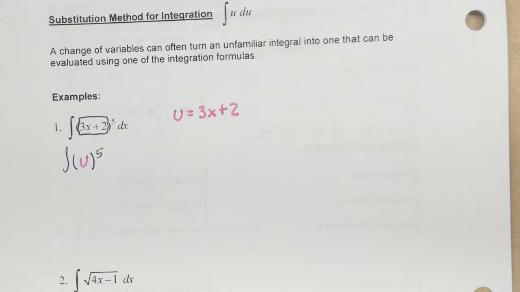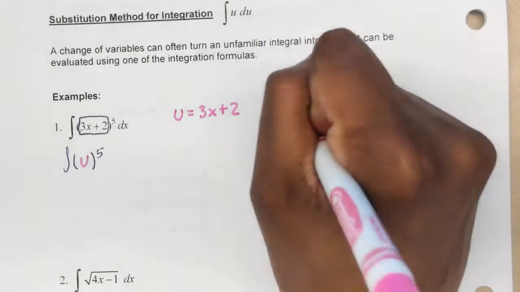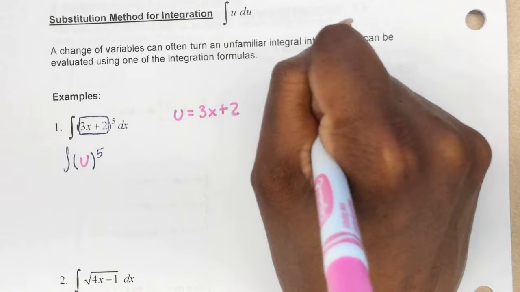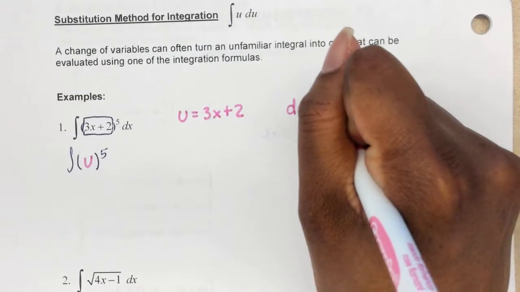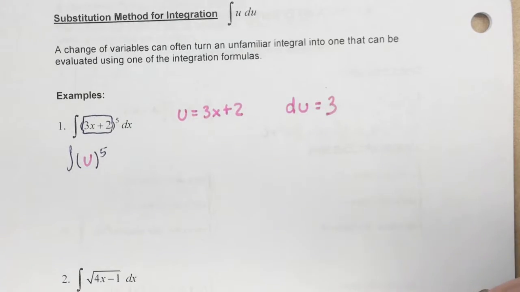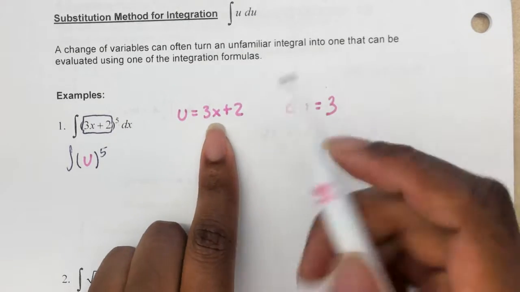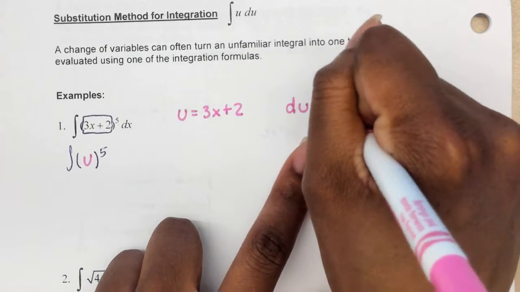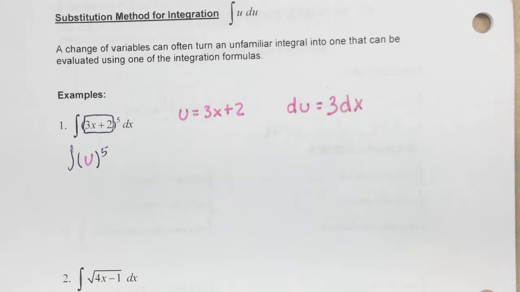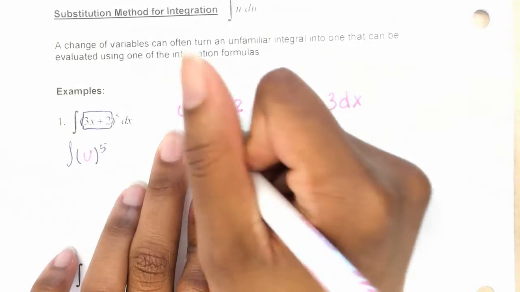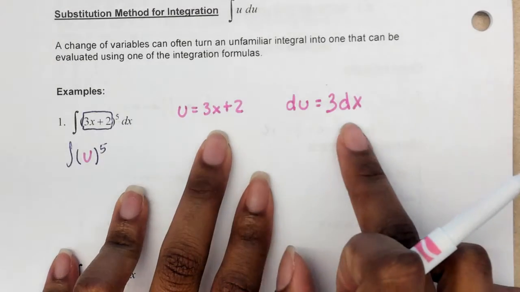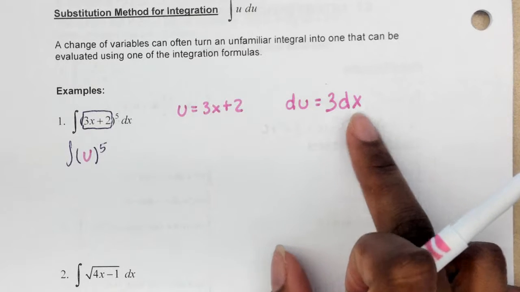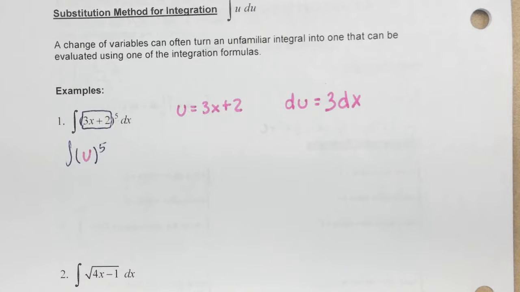In order to do this, we're going to find the derivative of u, which is 3. And since u is in terms of x, it's 3 dx. Implicit differentiation. So if I'm deriving this side in terms of u, this side is in terms of x. So I have to keep that in mind.